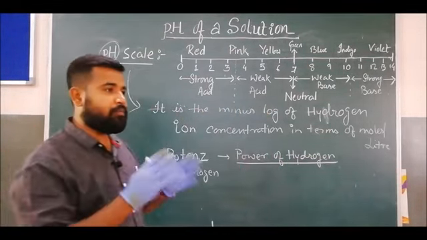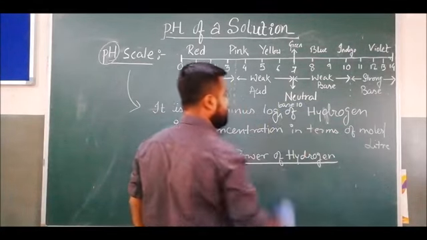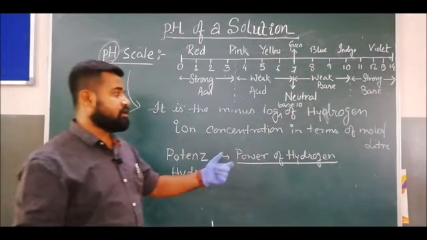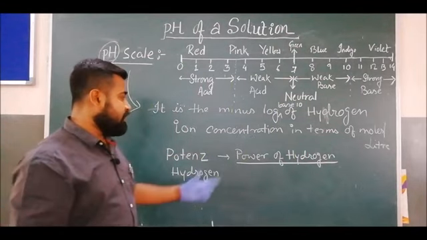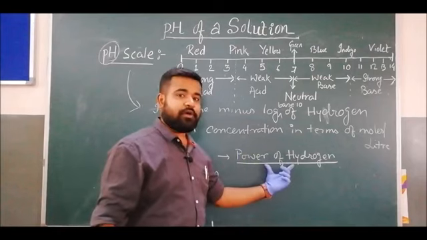Meaning, what will be the power? In terms of log, meaning log base 10. Here we include another term, base 10, of hydrogen ion concentration in terms of moles per liter, that is called pH, or that is known as power of hydrogen.